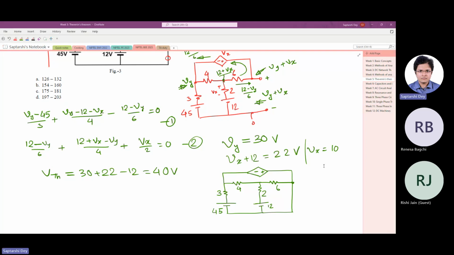What I said is if I put Vy equals 30 and Vx equals 10, these two equations are matching. I checked. So maybe there is some silly mistake in the solution that you did.